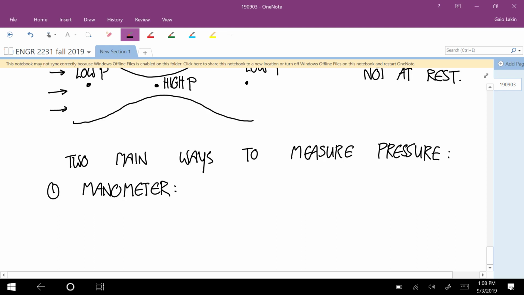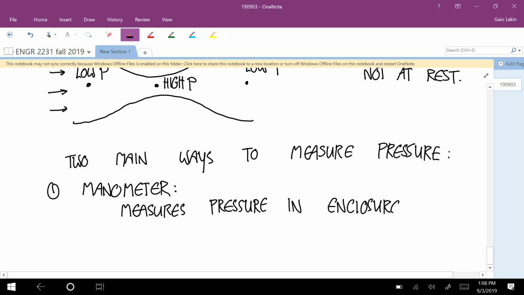That's useful for measuring pressure inside an enclosure. In order to use this, you need to know the atmospheric pressure.